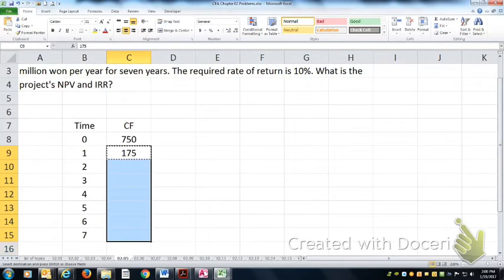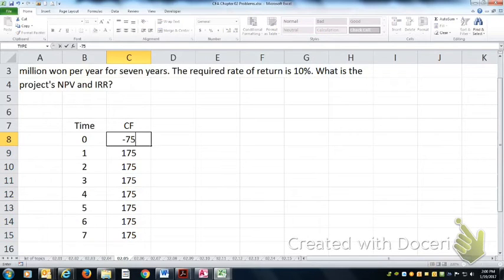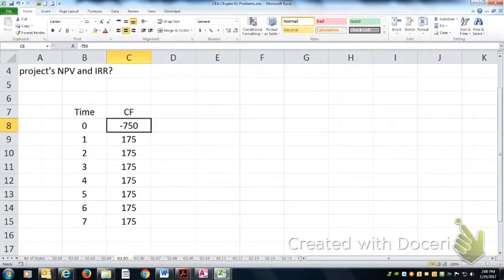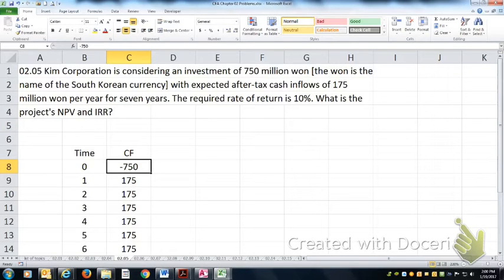Okay? Now the first cash flow has to be negative, and that makes this normal cash flows: a negative followed by a string of positives. So 750,000 out of your pocket in order to put 175,000 back into your pocket every year for the next 7 years.